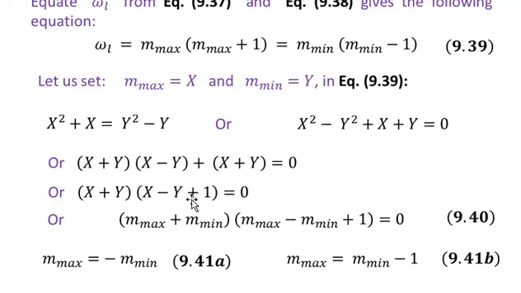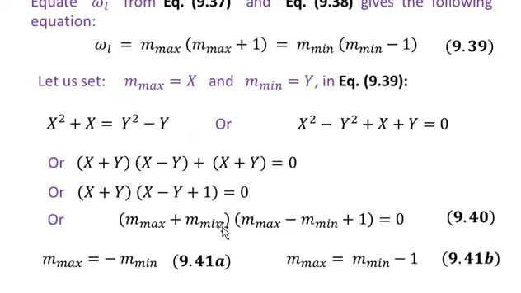Now you can set the two factors individually equal to 0 and reverse back their values, that is m max is equal to x and m minimum is equal to y. So you get m max plus m minimum times m max minus m minimum plus 1 is equal to 0. Obviously the second factor, m max minus m minimum plus 1 equal to 0, is not physically accurate.